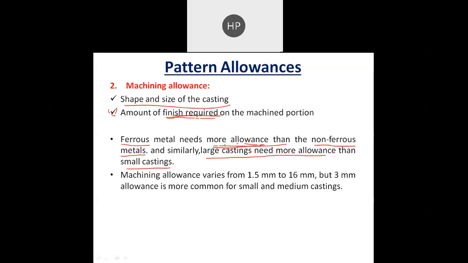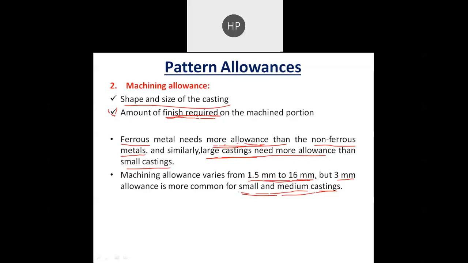Same way, when we have a large casting we need more allowance than a small casting, and machining allowance varies from 1.5 mm to 60 mm. But a 3 mm allowance is more common for small and medium castings. So when we are dealing with small or medium castings, generally we apply a 3 mm allowance for the machining, but depending upon the shape and size, it can vary up to 60 mm.